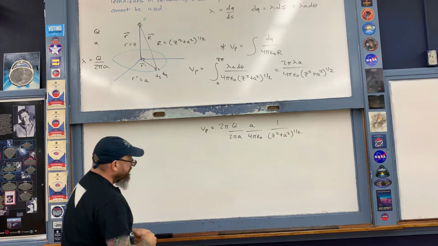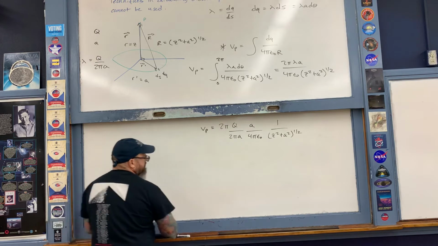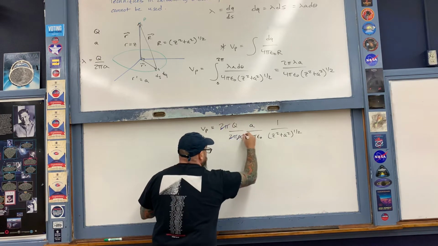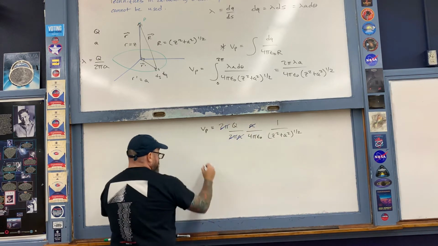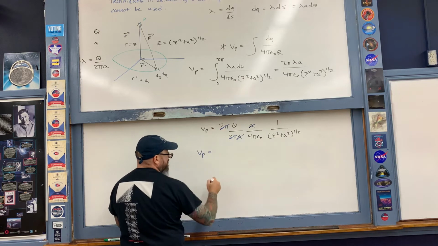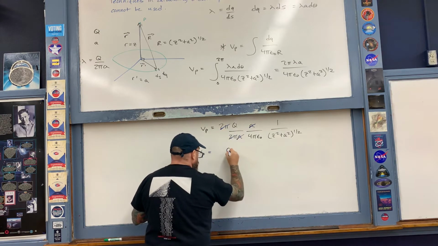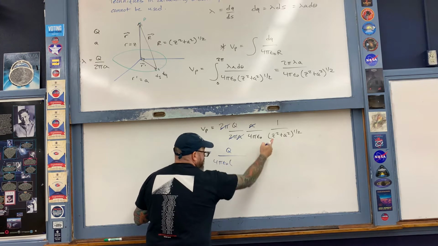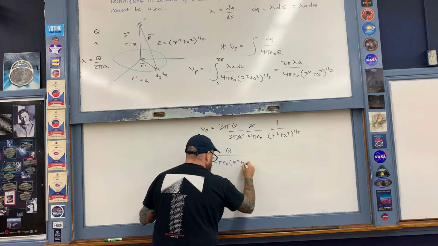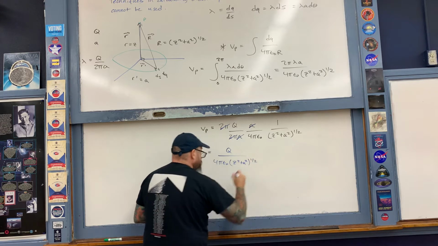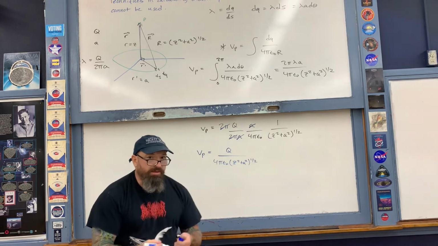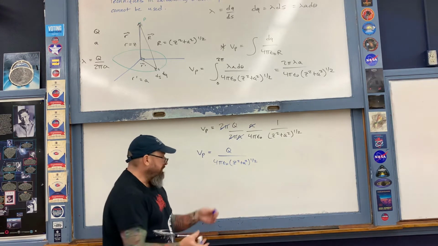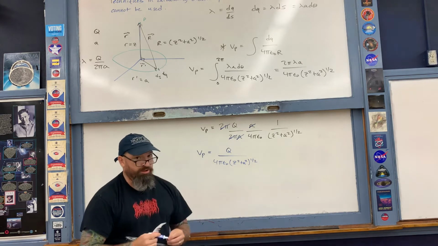A bunch of stuff cancels, so 2 pi and A cancel. Therefore the potential at point P is Q divided by 4 pi epsilon naught times z squared plus A squared to the 1/2 power. So you end up with an easy integral to evaluate, resulting in the following expression.